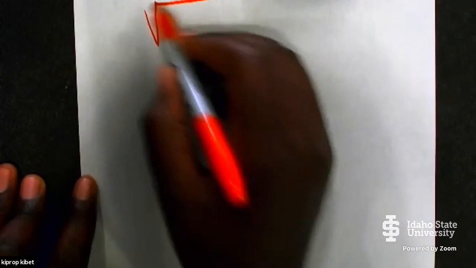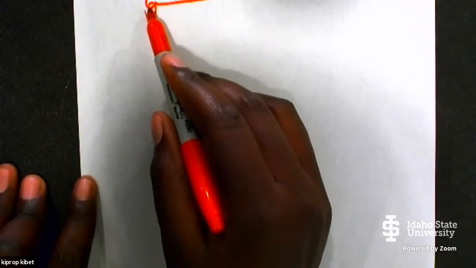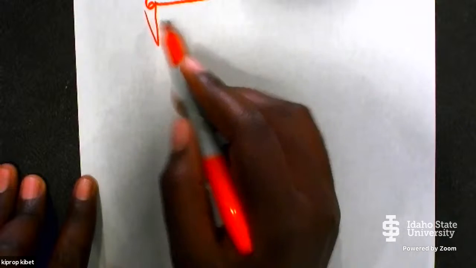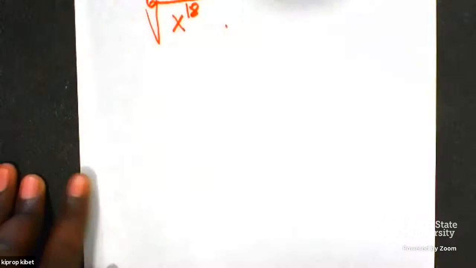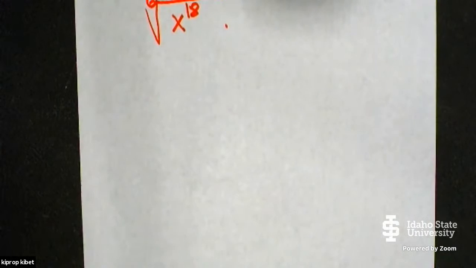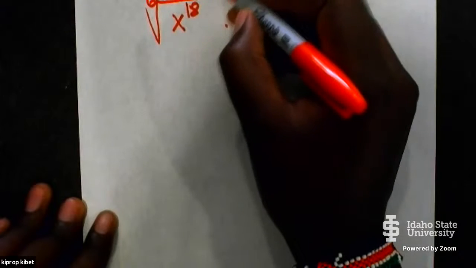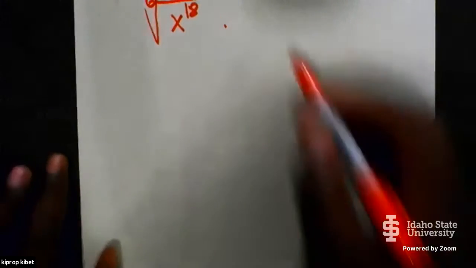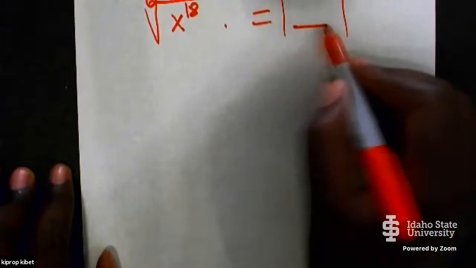Okay, we have another question here. The 6th root of x raised to 18. So of course this one is even. So what you should get is the absolute value of the value here.